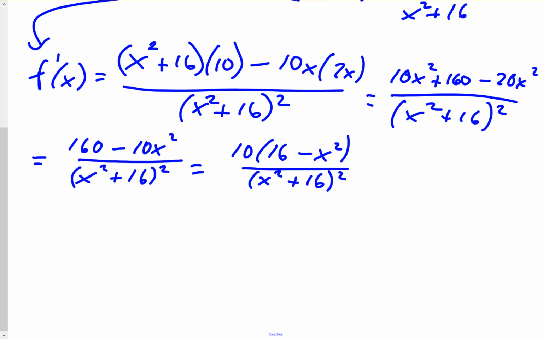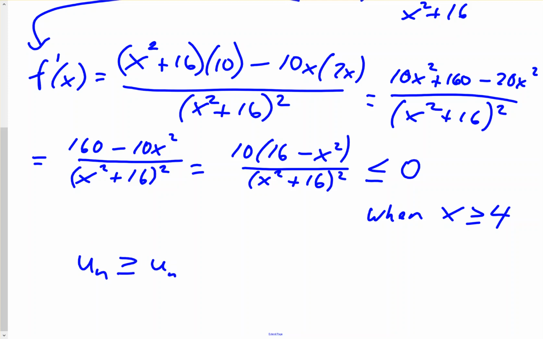Okay, so this is going to be less than or equal to 0 when x is greater than or equal to 4. So that means that the condition that we want, non-increasing, we would have u sub n greater than or equal to u sub n plus 1 for n greater than or equal to 4.